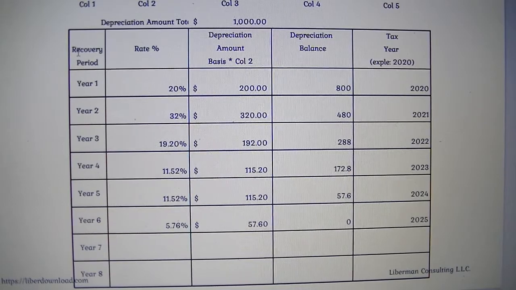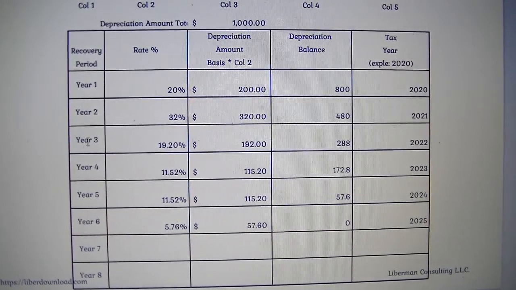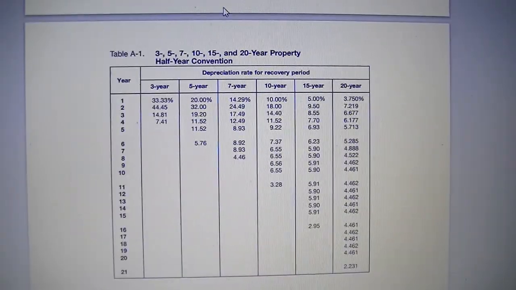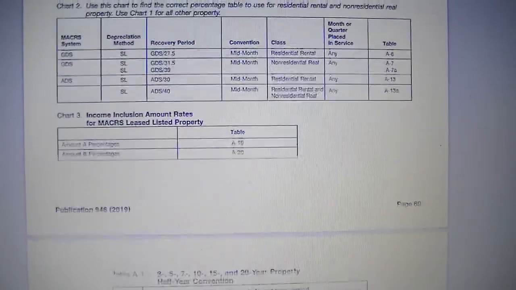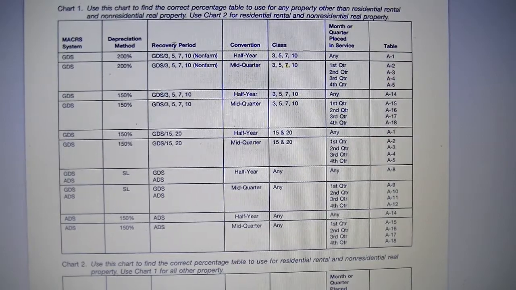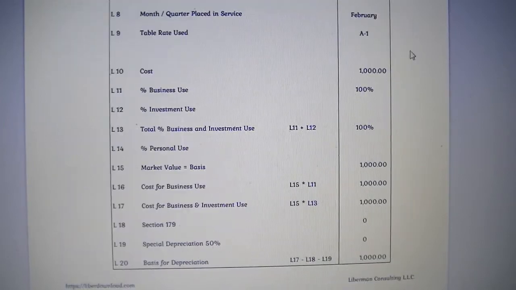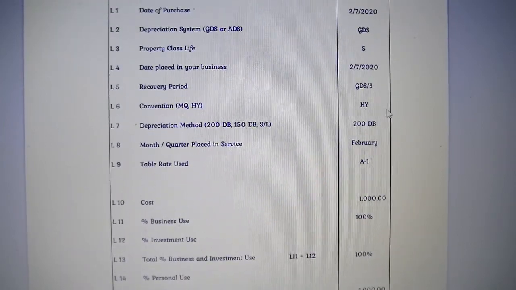And we have the recovery periods here, and the recovery period is 5 years. Recovery period 5, and we do have it on our sheet here as well, GDS 5.